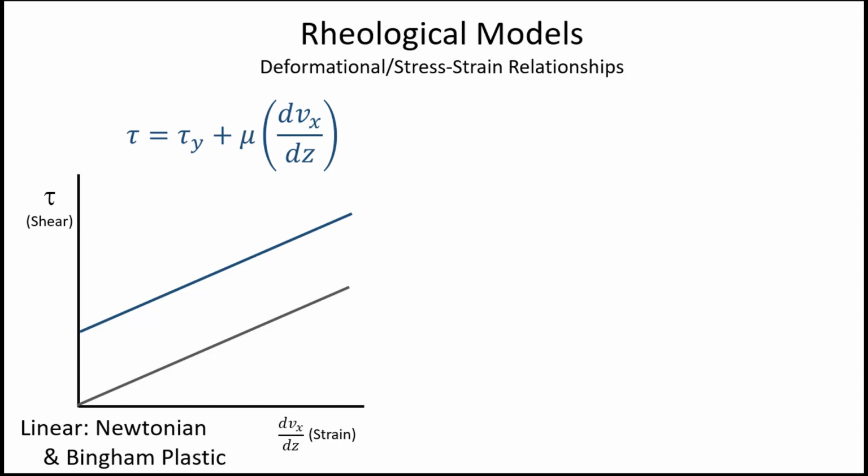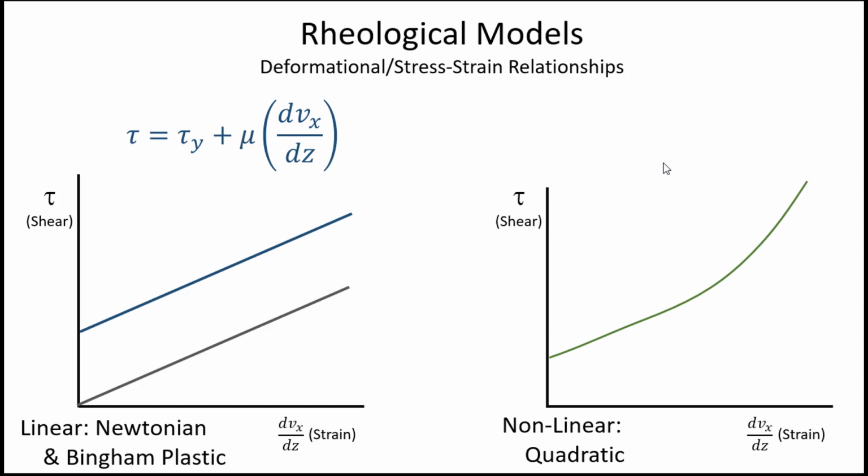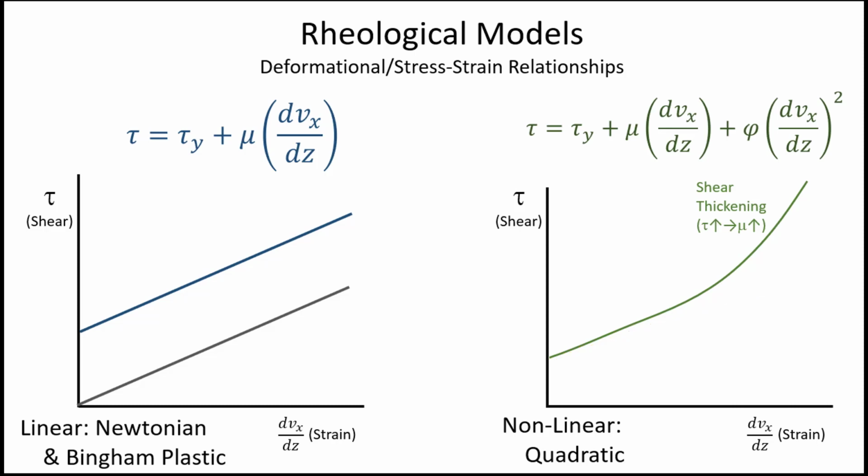But a fluid or a material doesn't necessarily have to have a linear stress-strain relationship, and often these debris flows don't. And so they can be nonlinear. In fact, they could be quadratic, which we call shear thickening.